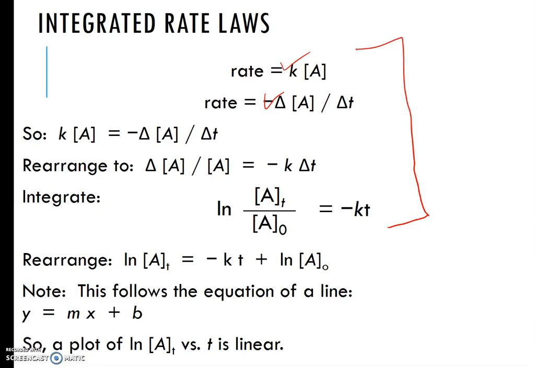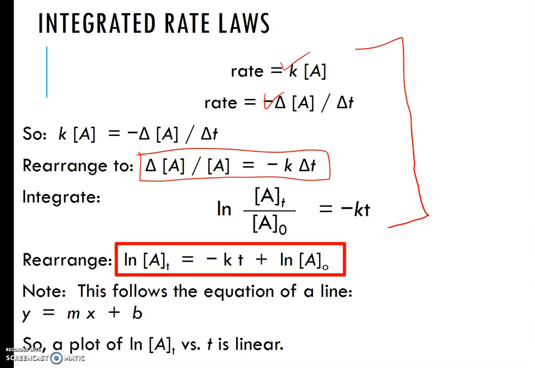And so we can rearrange these equations and solve for or integrate them. And what we're solving for is basically how does the concentration change over the course of time?